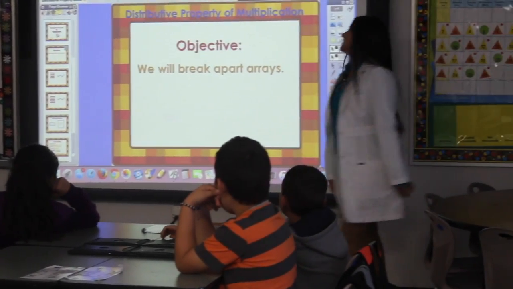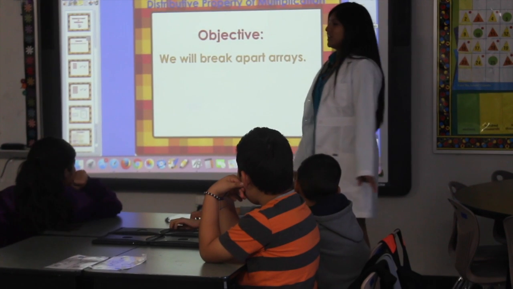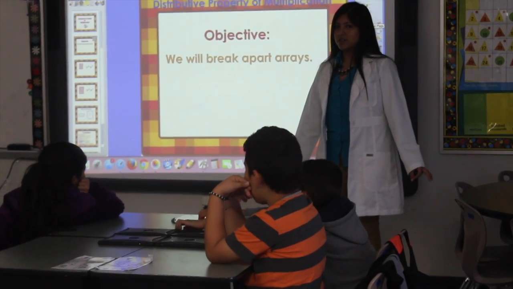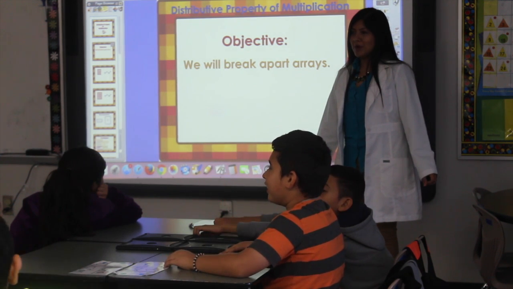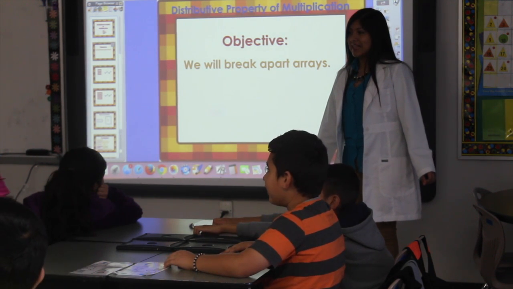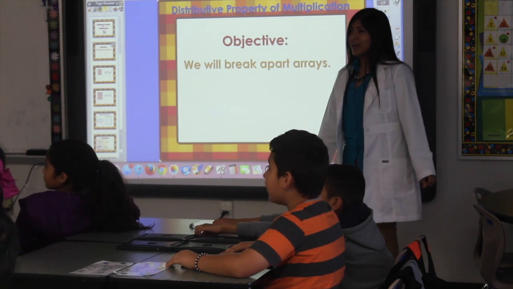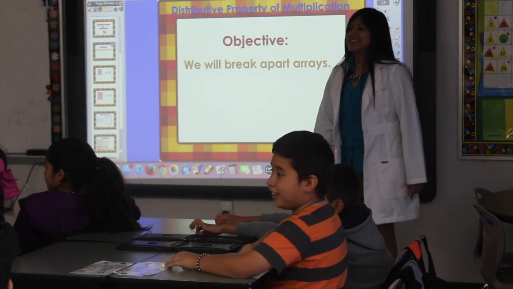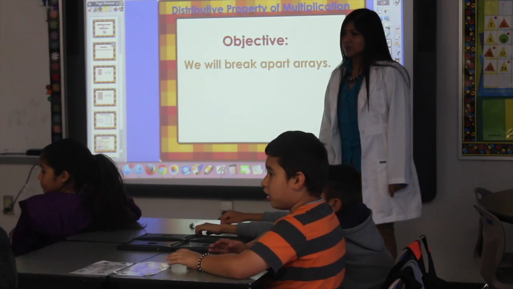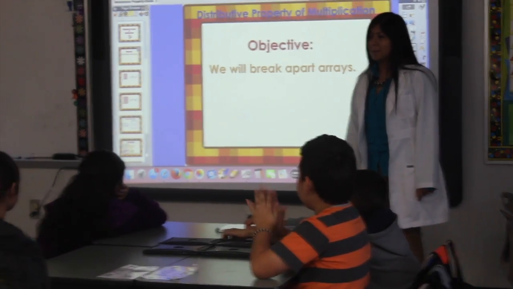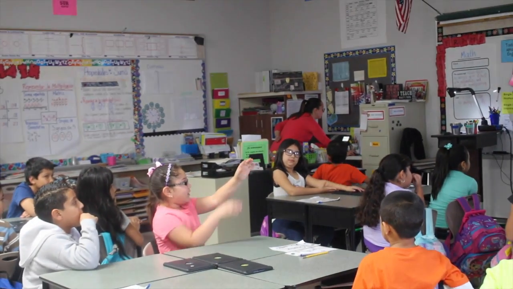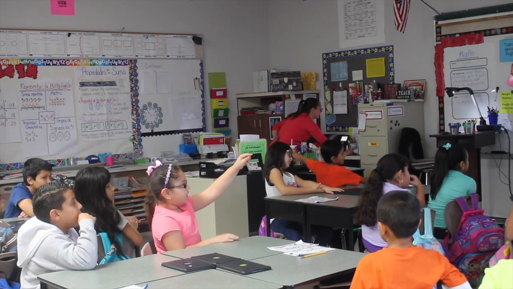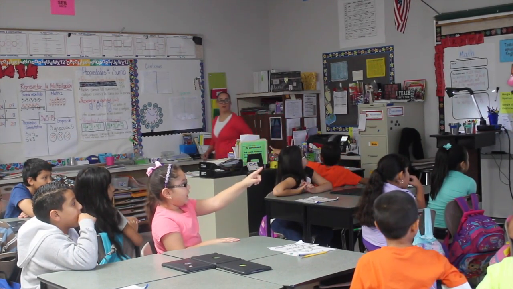So today's objective is going to be, we will break apart arrays. Who knows what arrays are? Do you remember matriz? Spanish starts with an M. Matrices. They're like groups. For example, 6 times 3. So you can do 3 in a line here, and 6 times the 3 in the line.